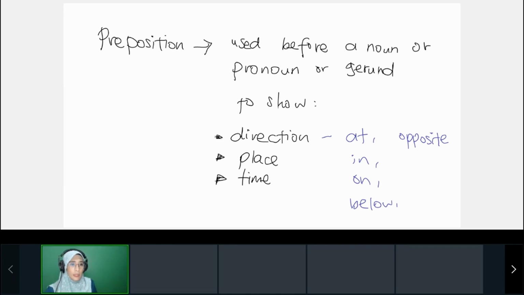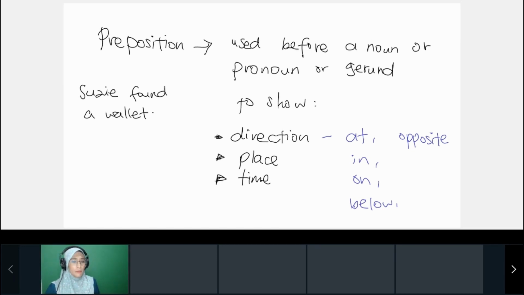So let's say I give you a sentence. Let's try and give a name. Susie found a wallet.